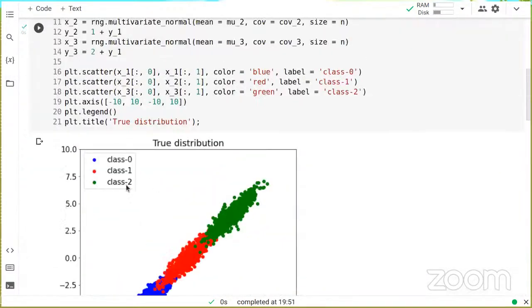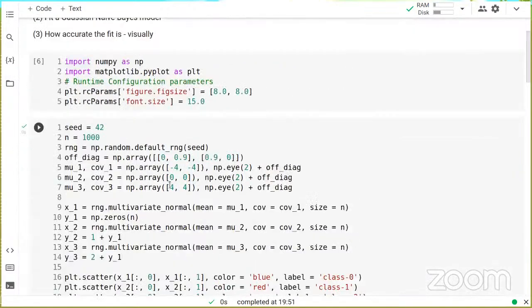That's because we are using this kind of a covariance matrix. Let's make sure it works.